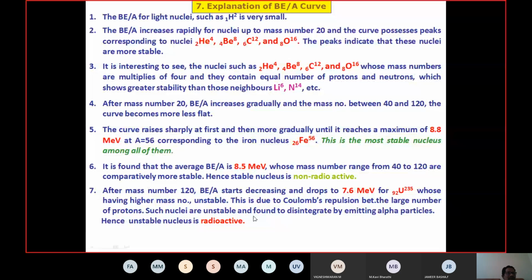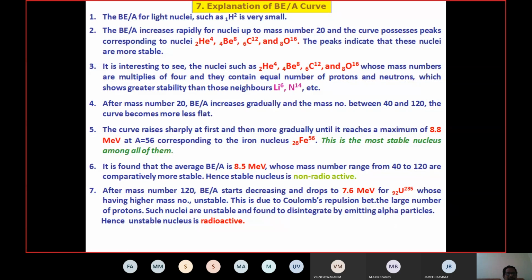Such nuclei are unstable and disintegrate by emitting alpha particles. An alpha particle, the nucleus of helium, has 2 protons and 2 neutrons. The emission of alpha particles not only decreases the Coulomb repulsive force inside the nucleus, but also increases the binding energy per nucleon, giving an extraordinarily stable structure. It is called alpha decay.